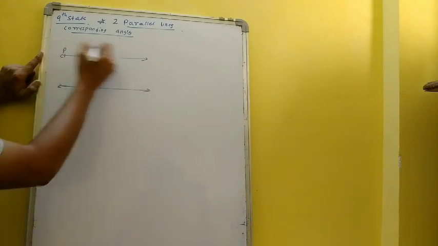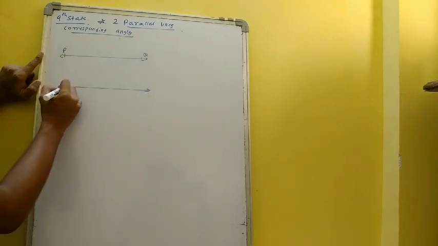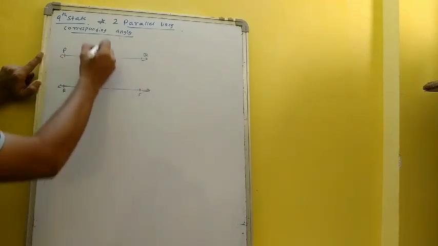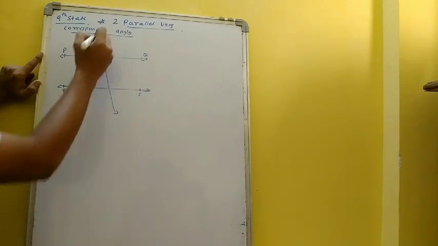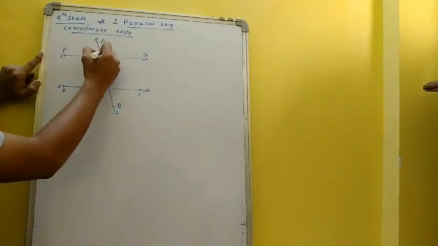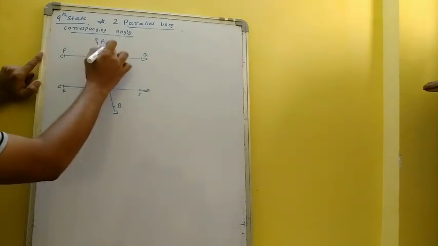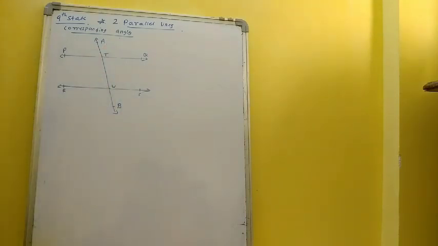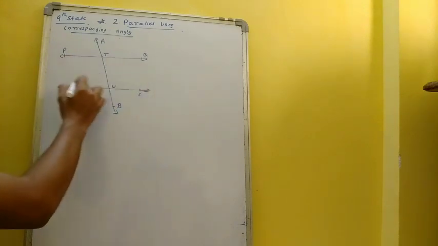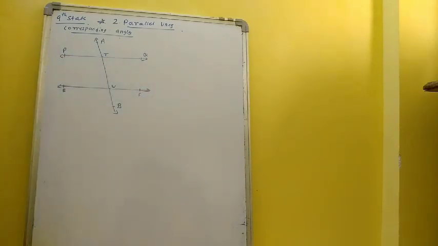I name these P, Q, R, S, A, B, T, U. So we have two lines, PQ is parallel. Whenever lines are parallel, only then are there interior angles, corresponding angles and alternate angles. So now, corresponding angles.